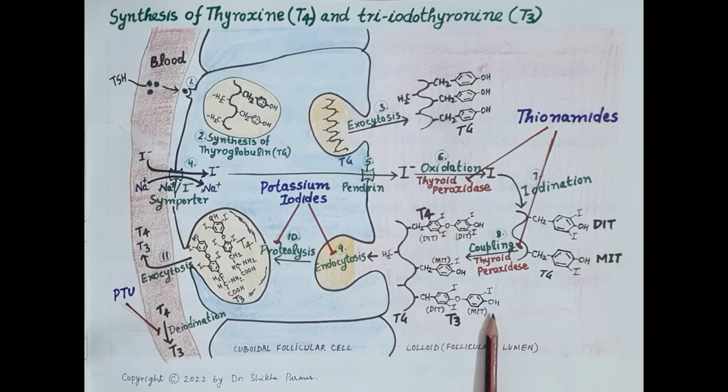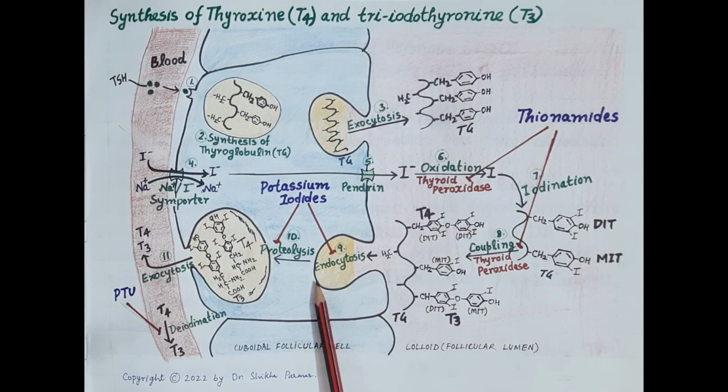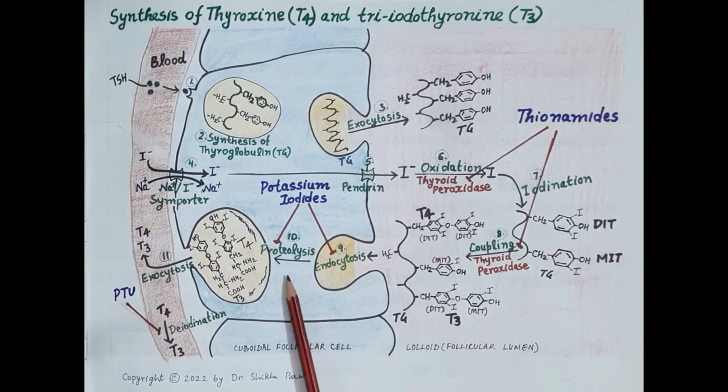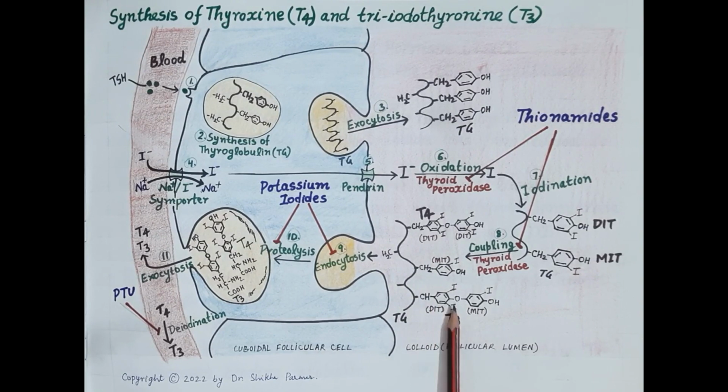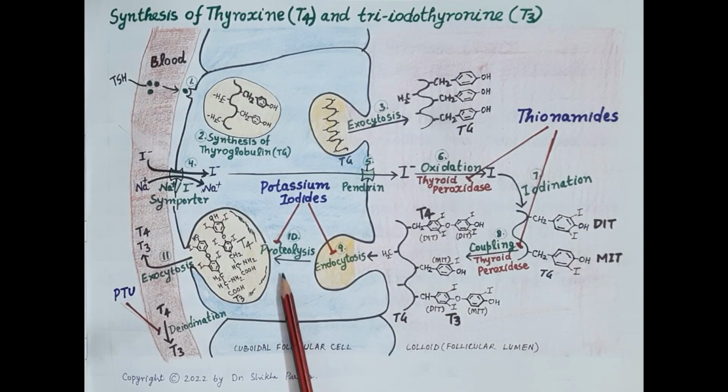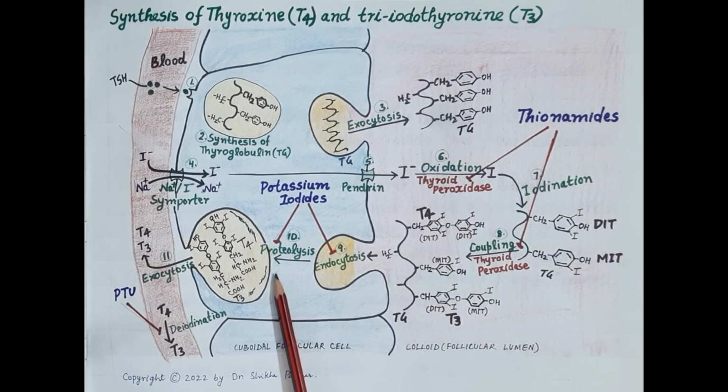Now, from the lumen, this complex of thyroglobulin is transported to the cuboidal cells by the process of endocytosis. This is followed by proteolysis, and these T3 and T4 are cleaved from the thyroglobulin by lysosomal protease enzymes.